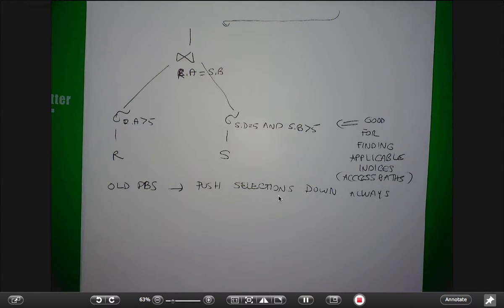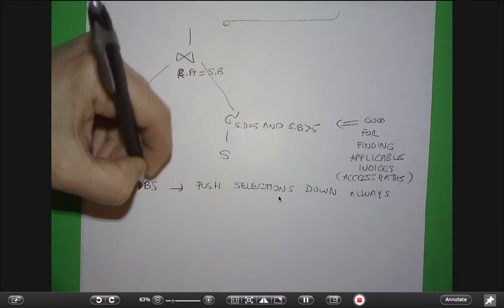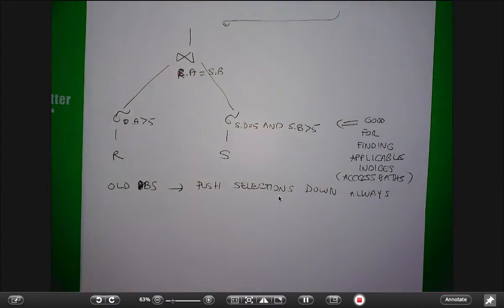But it turns out that this is not PBS, this is databases art. So it turns out that there are cases where pushing it down may actually hurt you because you maybe could have done some other type of join which you cannot do if you apply an index, right?